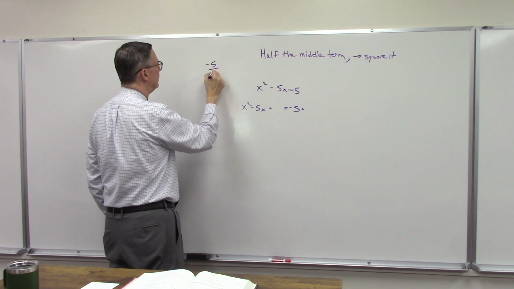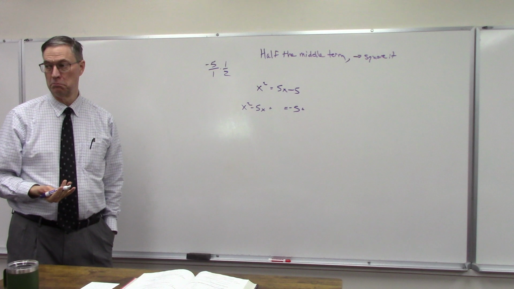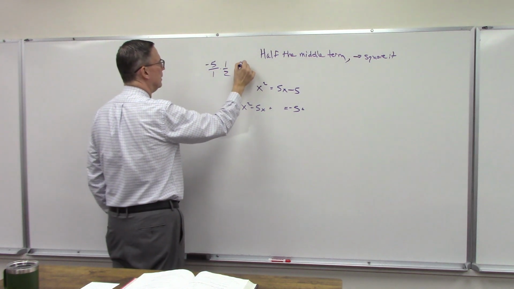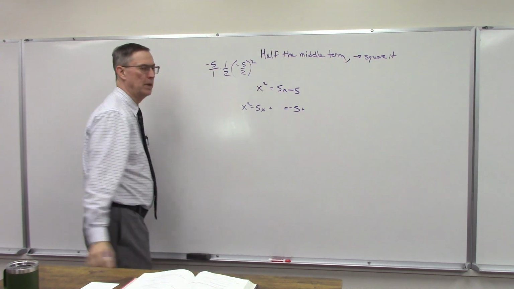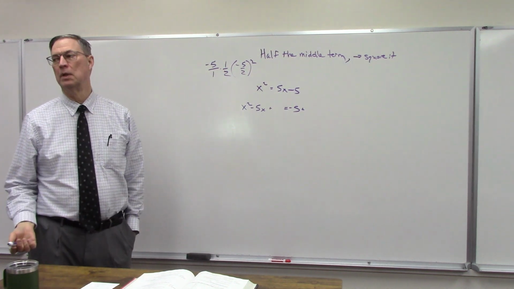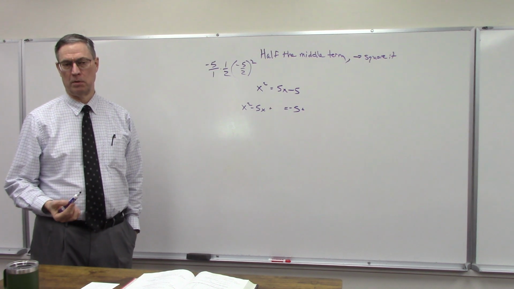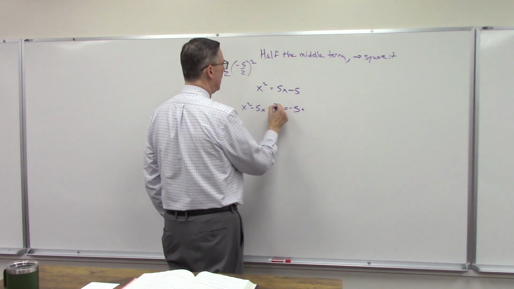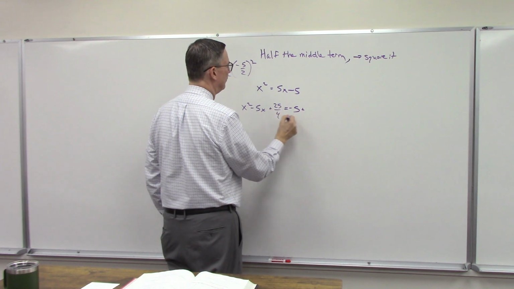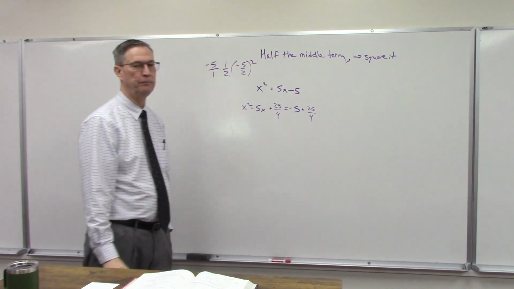So negative 5 times 1/2 would be negative 5 over 2. But then I'm going to square that. So what does that give me? 25 over 4. Okay, so I'm going to add 25 over 4 here and add 25 over 4 here.